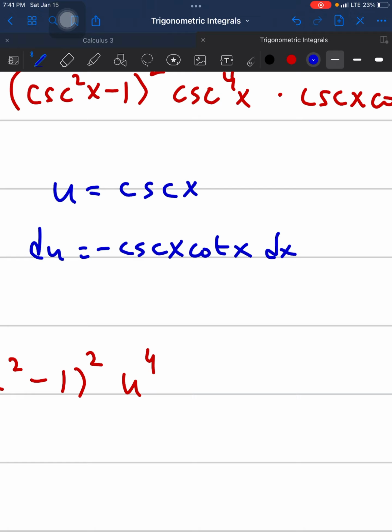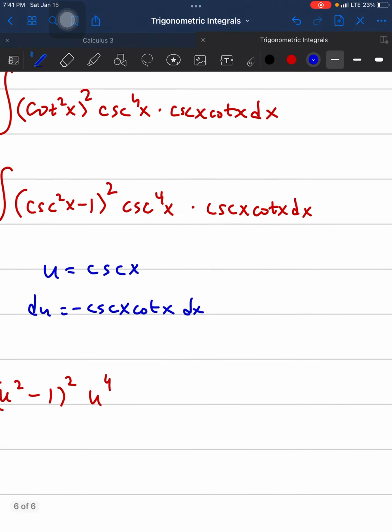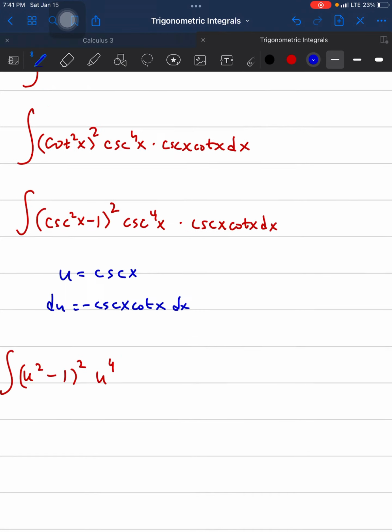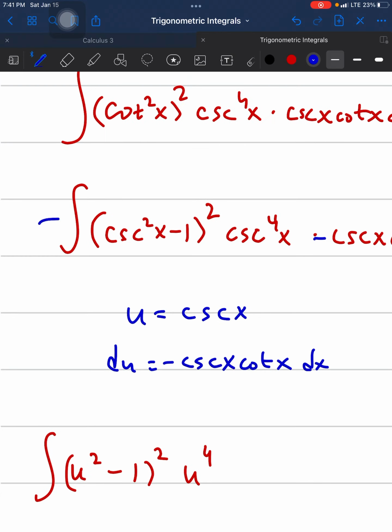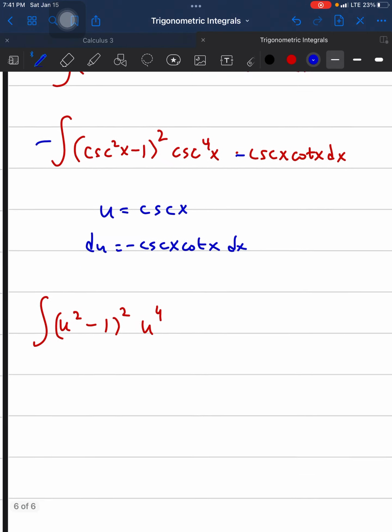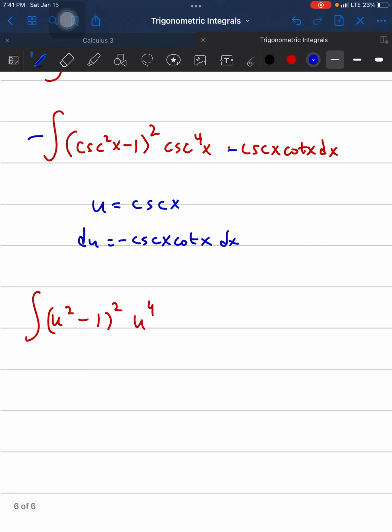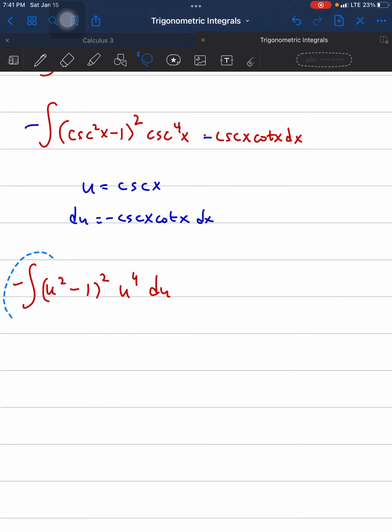The derivative of cosecant x is actually negative cosecant x cotangent x. So let's just use that rule we did. Just add in the negative and put a negative outside, so the negatives cancel in the final answer. That's the only thing I missed.